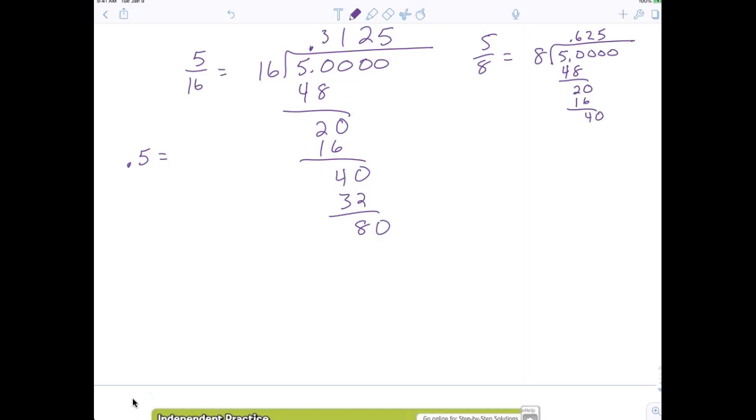Did you hear yourself? So what does 5 tenths literally mean? 5 over 10. You hear me on this now? And then what does 5 over 10 reduce to? 1/2.